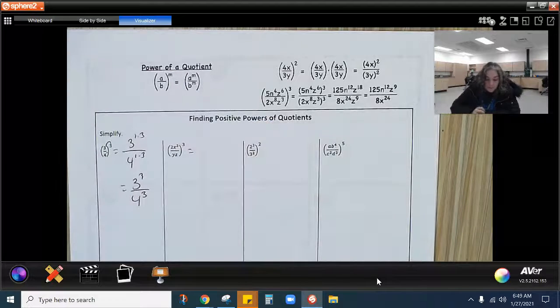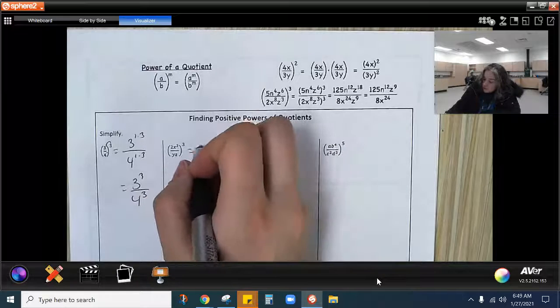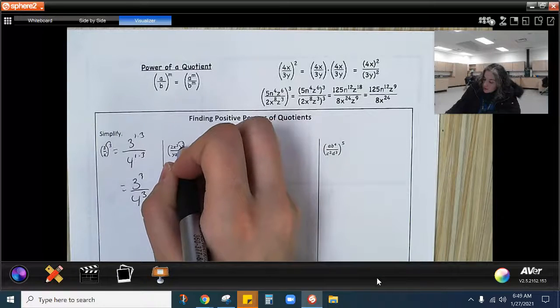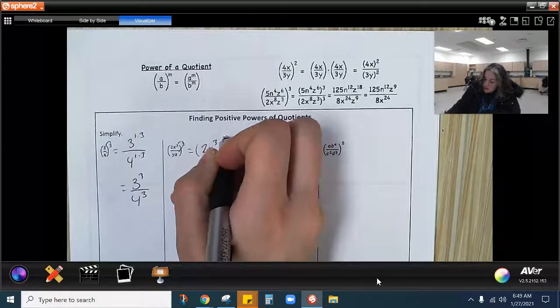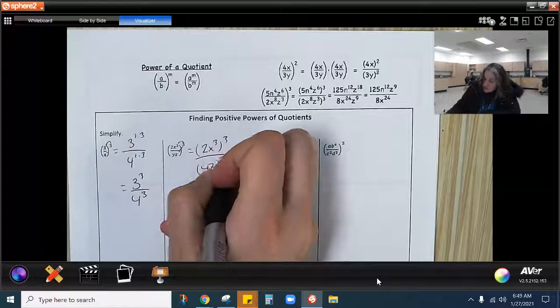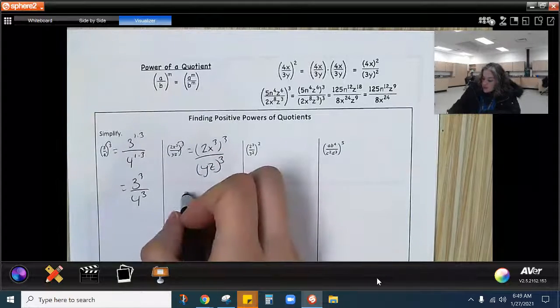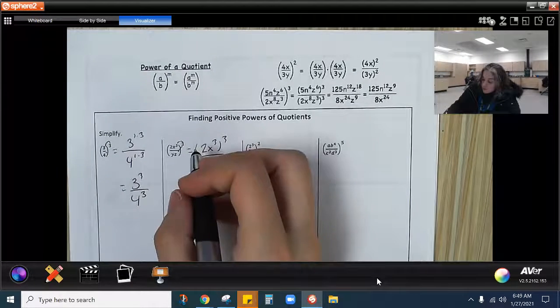All right, so for this one, we are going to have 2x cubed being raised to the third power, and then yz being raised to the third power. And now, because we've done our power of a quotient, I'm going to apply our power of a product rule.